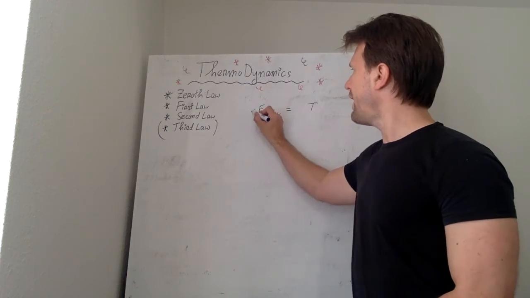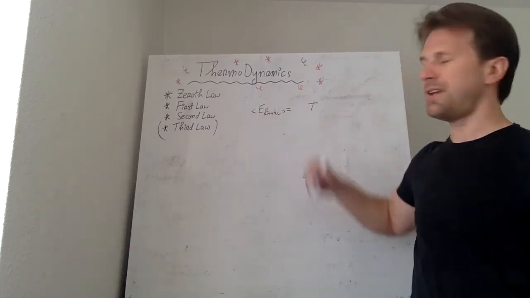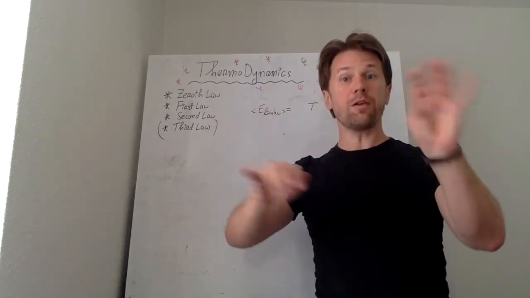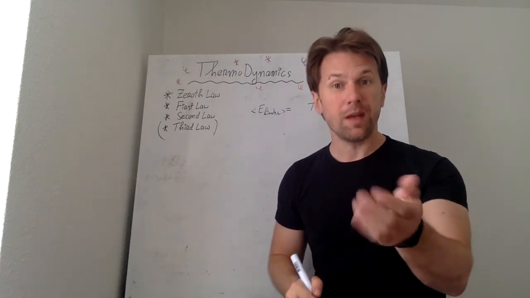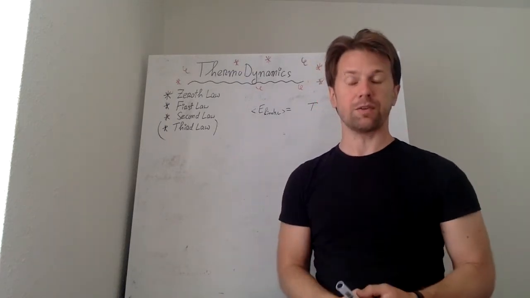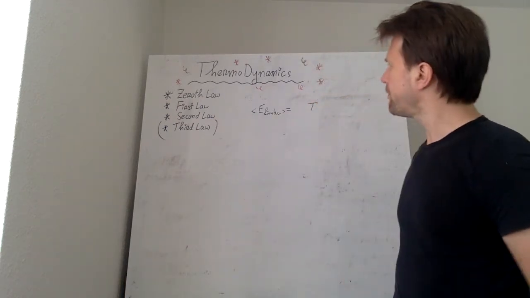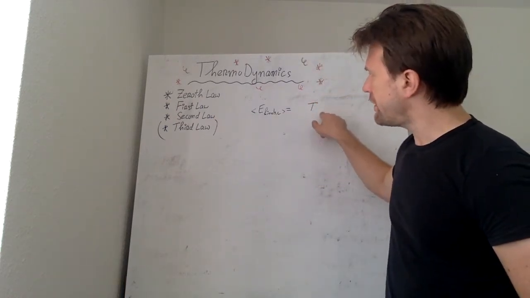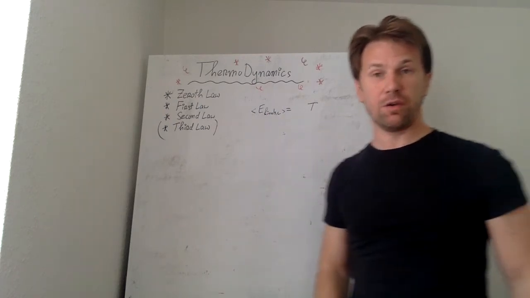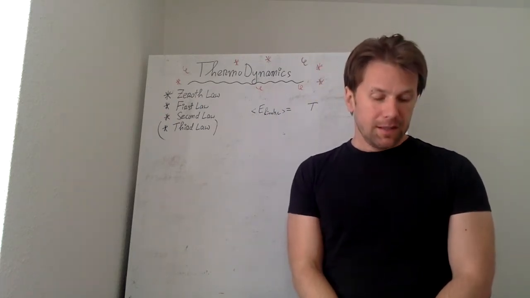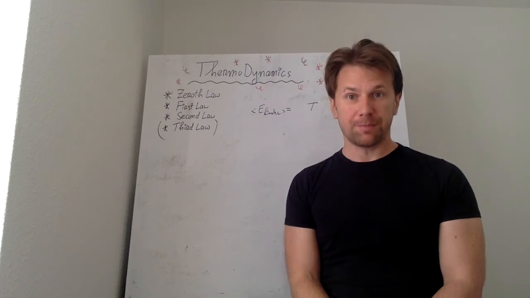So let's put an average symbol around this. This just means average. If you have a whole bunch of particles floating around and I ask you what is the temperature of that gas of particles, then people who already studied a little bit of this might think, well, the temperature is defined as the average kinetic energy of those particles. Yes, that happens to be true for that example.